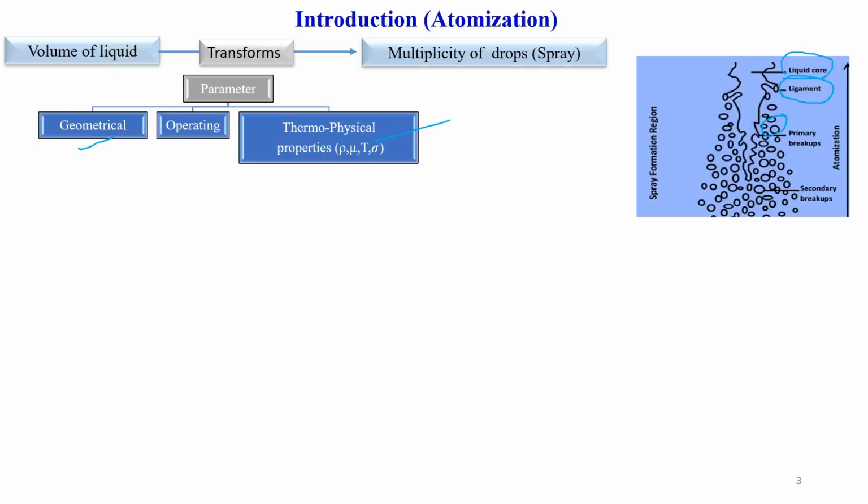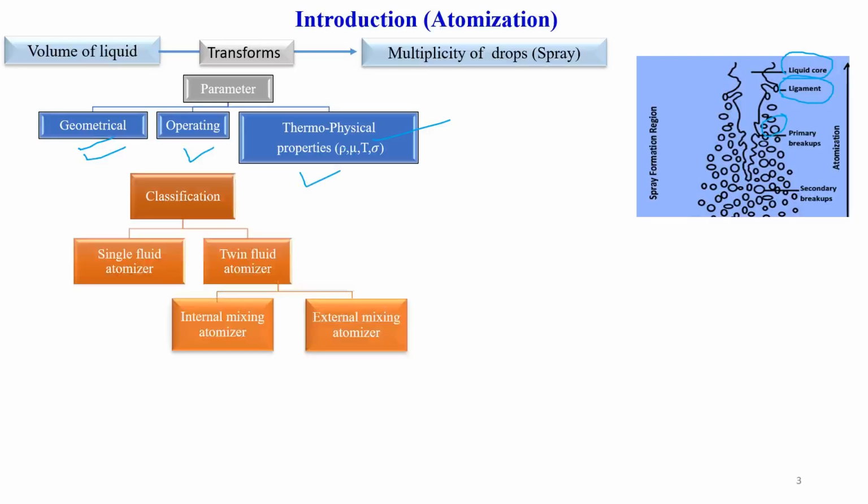So these are the three key parameters which affect the atomization process: geometrical, operating, and thermophysical properties of the fluids.